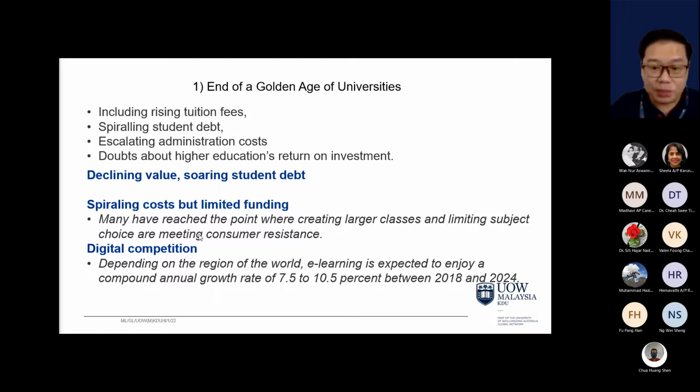And then we also look at digital competition over here. Depending on the region of the world, e-learning is expected to enjoy a compounded annual growth rate of 7.5 to 10.5%. Okay, so what we see is digital competition. Traditional universities need to take the lead, need to change because of digital competition.